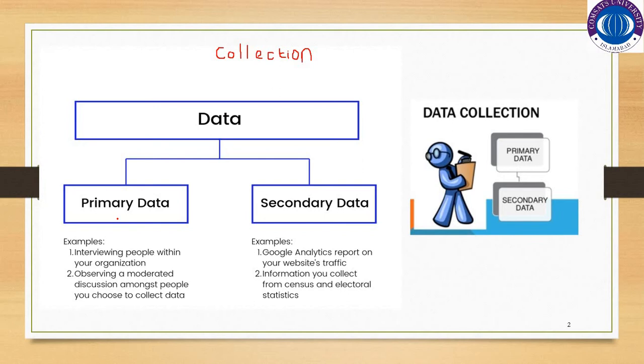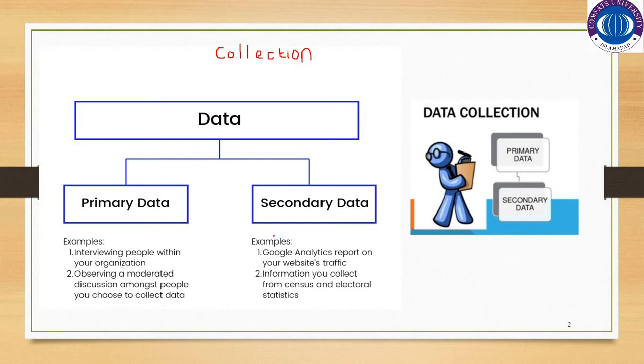It can be collected, for example, by interviewing people within your organization or observing a moderated discussion among people. You choose to collect data. This is basically based on personal observation, interviews, or surveys.